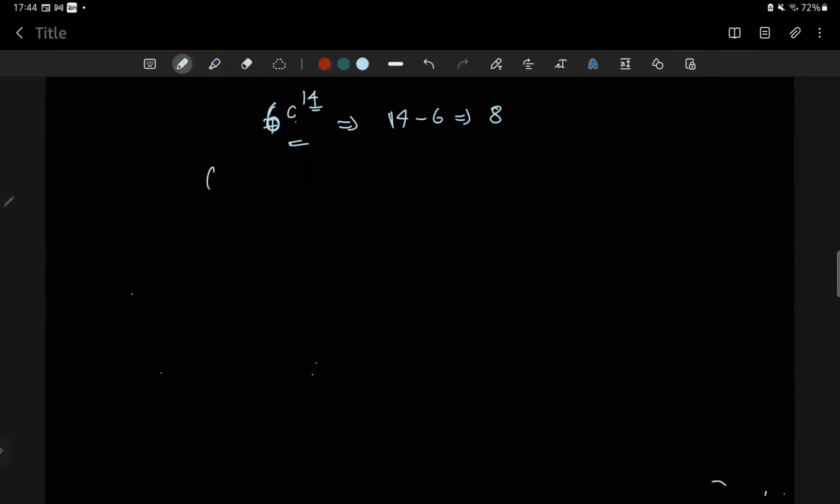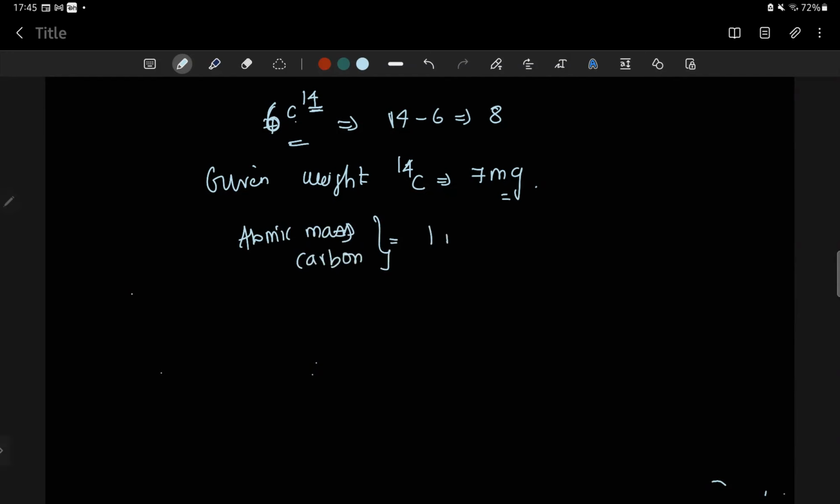So here they have given the weight. In the question, they have disclosed the weight of this carbon is 7 milligram. The atomic mass they have also disclosed is 14. So the atomic mass of carbon here is 14 grams per mole. From the mole concept, we know that number of moles is equal to given mass divided by molar mass, correct?